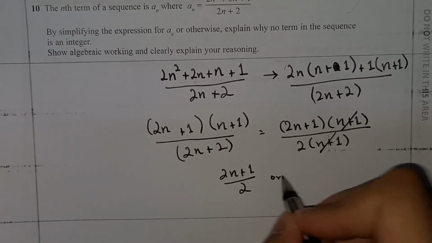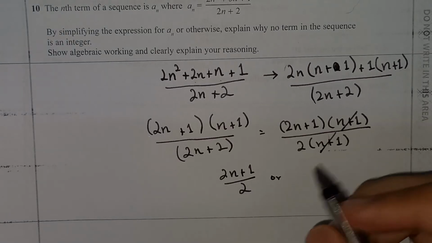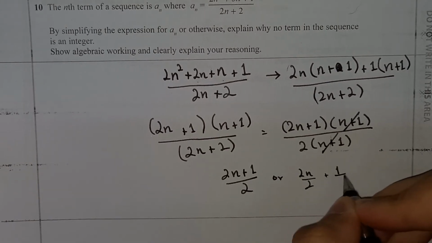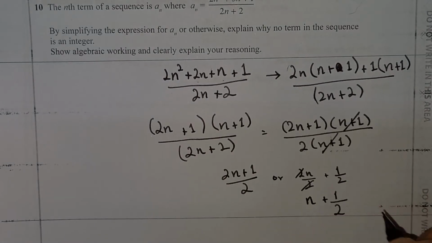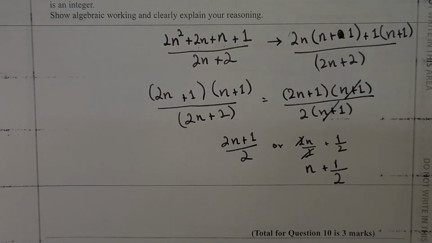Or you can simplify it more clearly: 2n over 2 plus 1 over 2, which gives us n plus 1 over 2. So to explain this, I won't be writing it over here, I'll just tell you what it is.